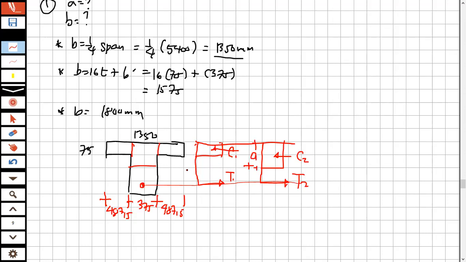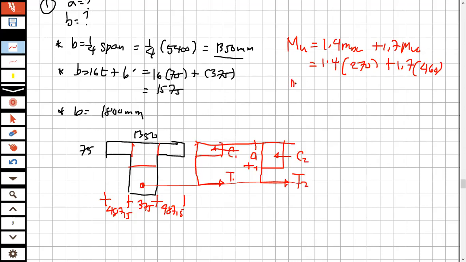For us to compute, we have to compute Mu first. What is Mu? Mu is equal to 1.4 moment dead load plus 1.7 moment live load. Given in the problem, the dead load is 270, and the live load is 1.7 times 460.